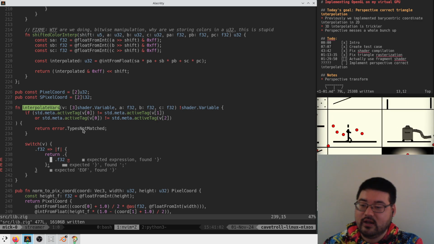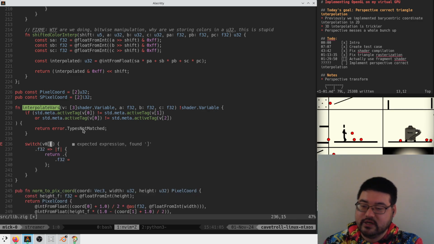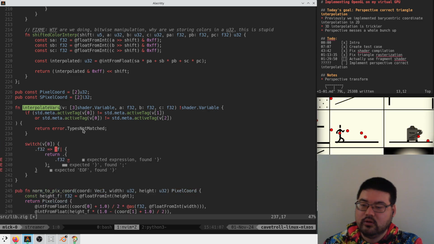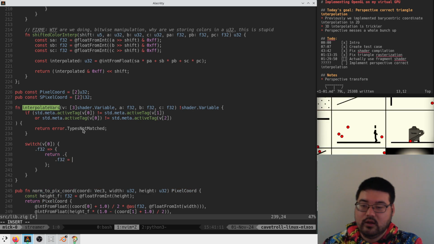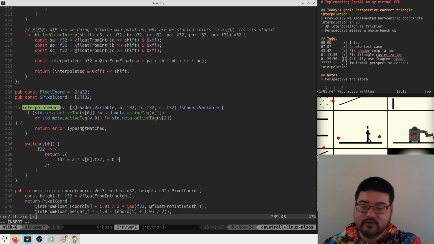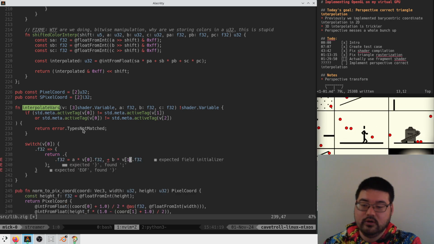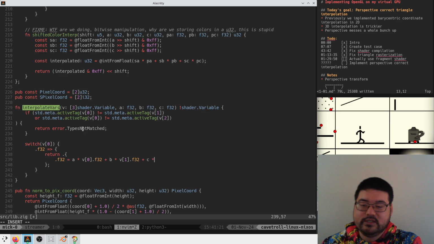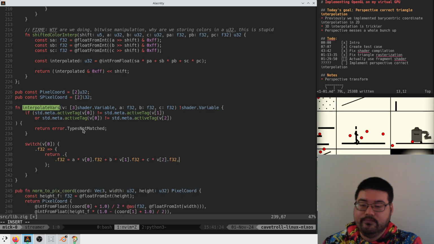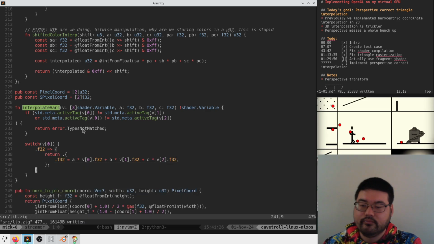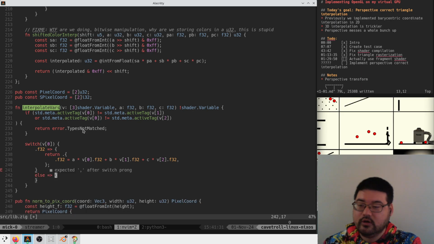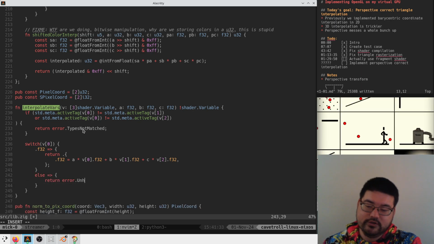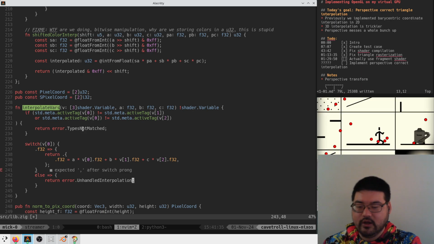Okay, so then we can switch on 0. And we can just do A times V0 F32 plus B times V1 F32 plus C times V2 F32. Else we can return unhandled interpolation for now.